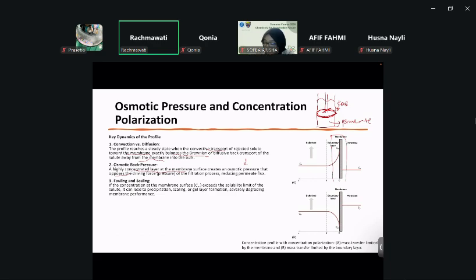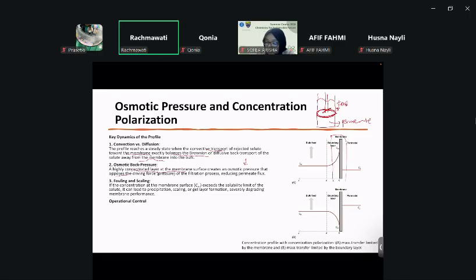I mean, you have to keep in mind that when we have a solute, it is hydrated by the water, but if the amount is very high in a certain area, let's say on top of the membrane, then they might coagulate, they might precipitate, and that will hinder the filtration. It may form precipitation, scaling, or even gel layer formation, and they will severely degrade the membrane performance, and you don't want that.